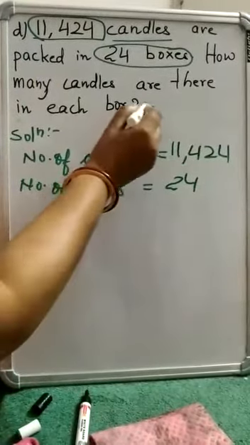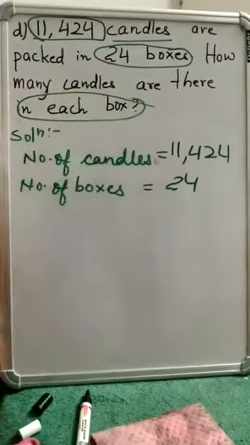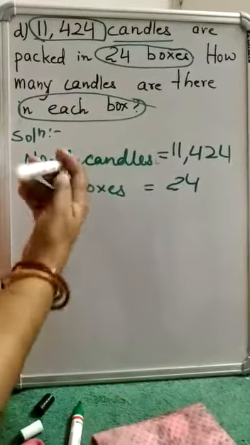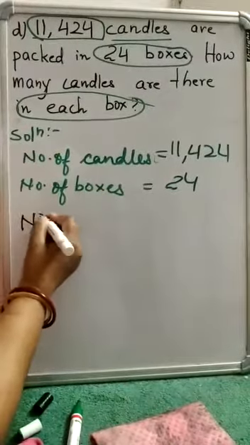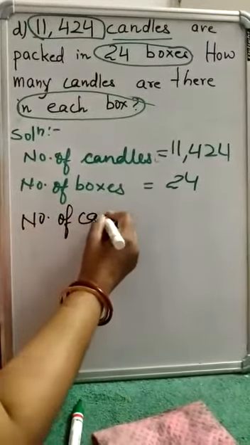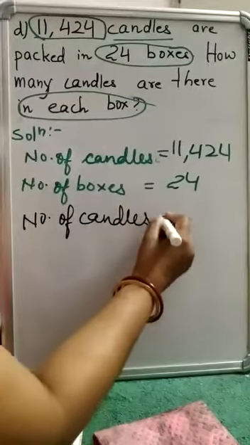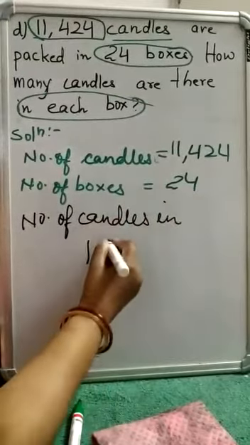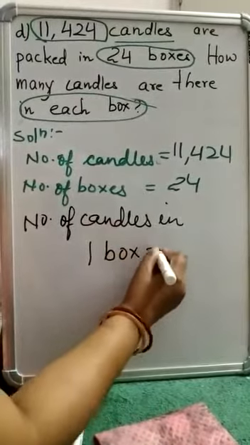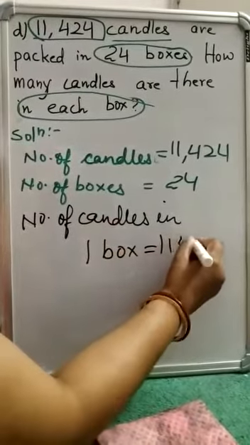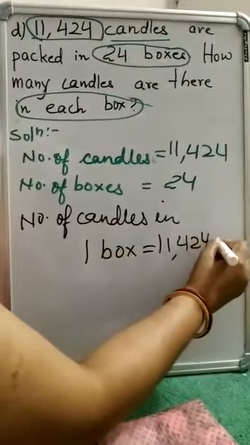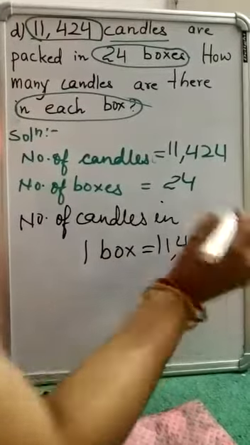So what we have to find? Number of candles in each box. In each means one box, every one box. That is 11,424 divided by 24.